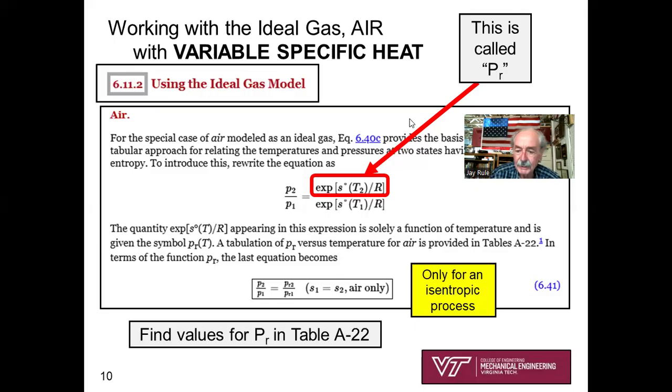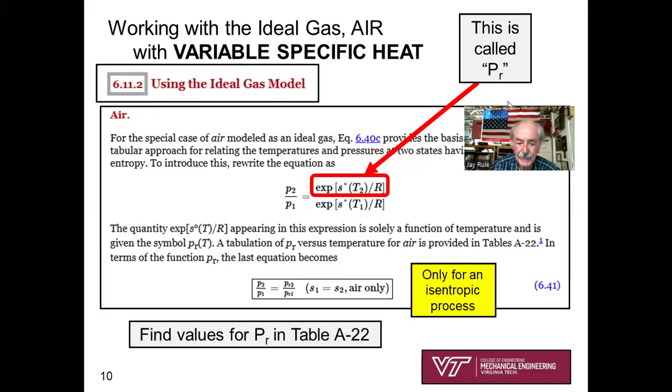It turns out in your textbook that for the isentropic process, you can show that P2 is equal to e to the S0 of T2 divided by R. Okay. So that's kind of complex. And this S0 was something I introduced way back in a previous video, this S0 for air.